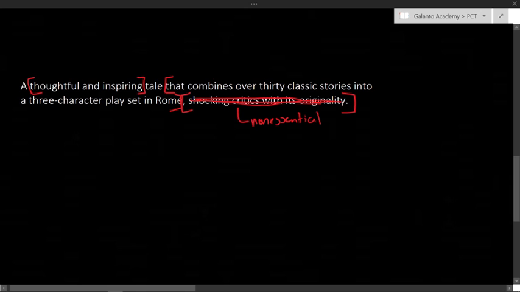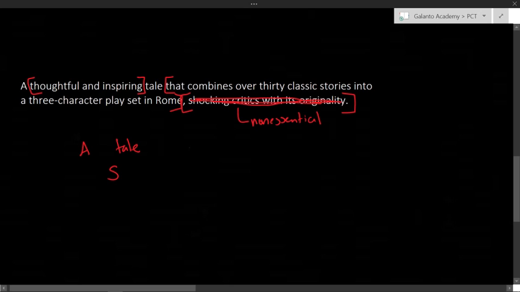So it's telling us what kind of tale it is. A tale that combines over 30 classic stories into a 3-character play set in Rome. So all we really have here is a tale. And a tale could be a subject, but it could not be a full sentence if there's no verb.